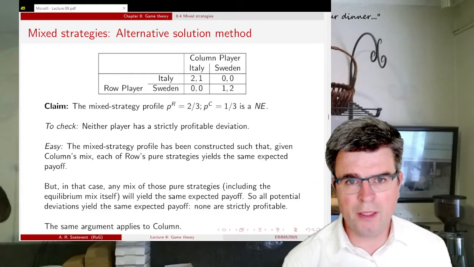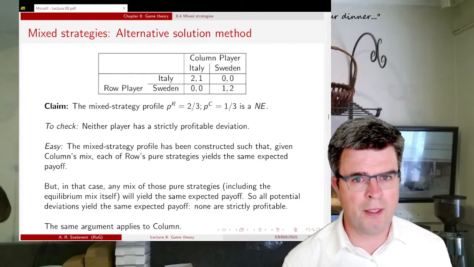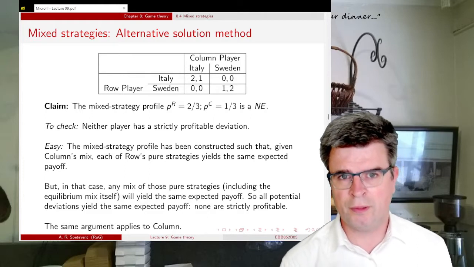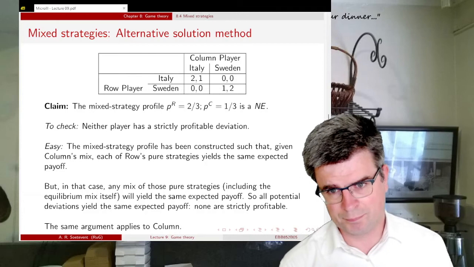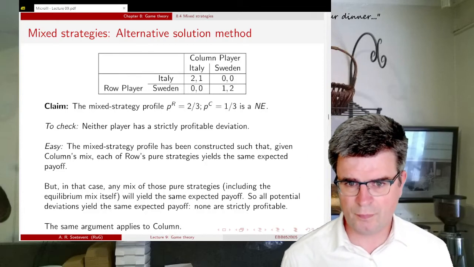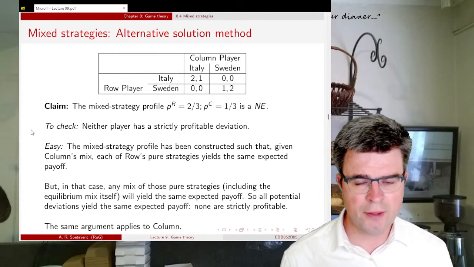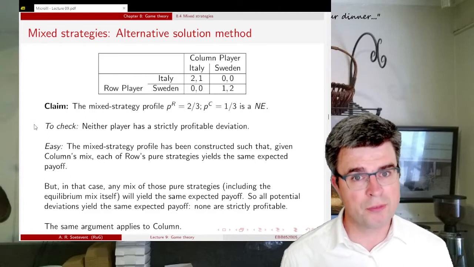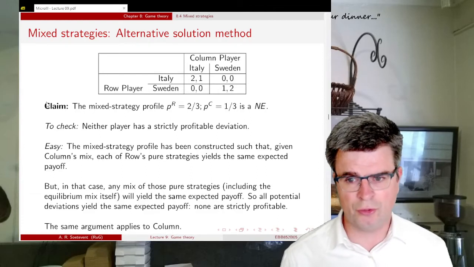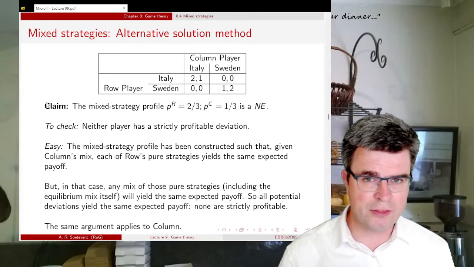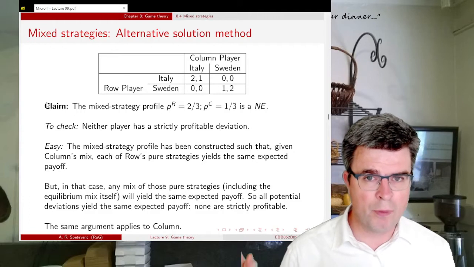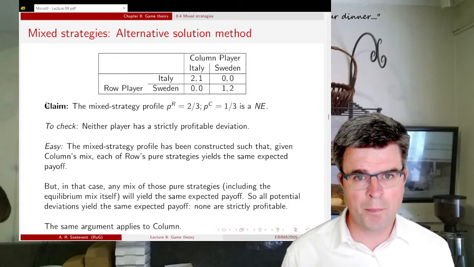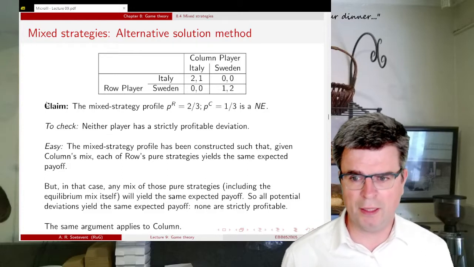In order to be a Nash equilibrium, none of the players may have an incentive to deviate given the strategy of the other player. It's easy to see that this holds in this particular case, because we have constructed the mixed strategy equilibrium exactly such that, given how column mixes, given PC, the row player is indifferent between either of his two pure strategies involved in the mix.